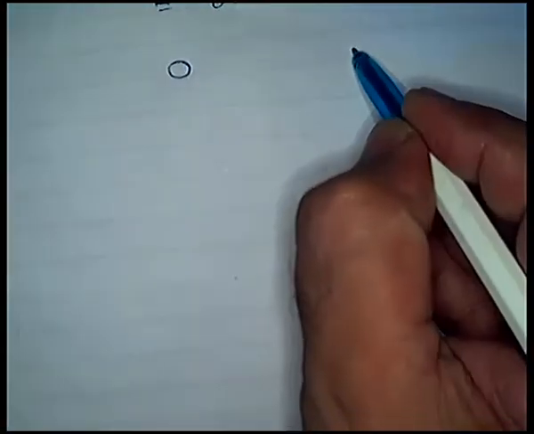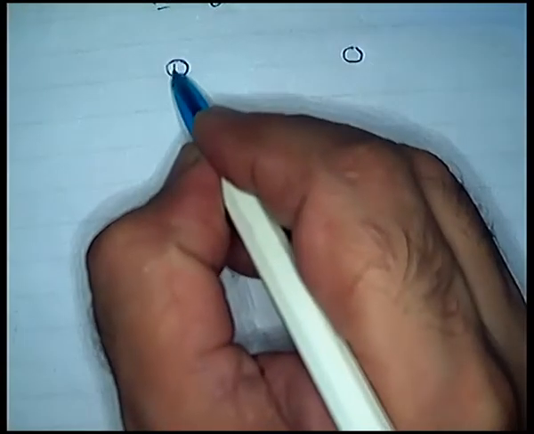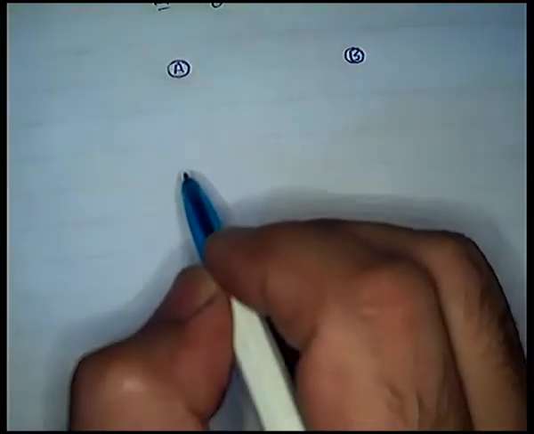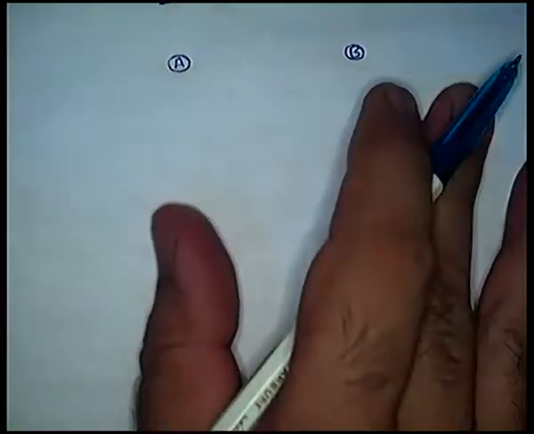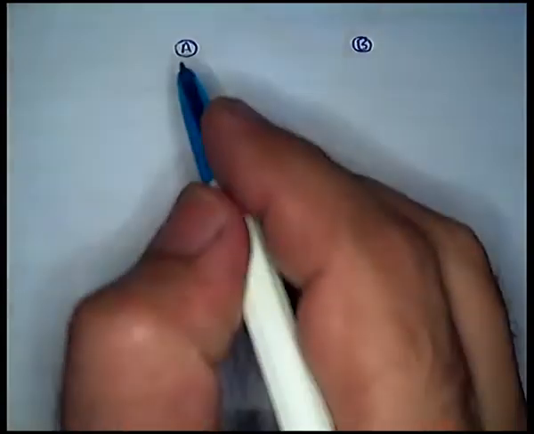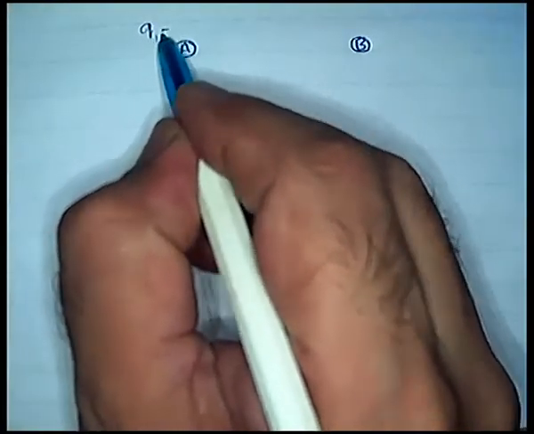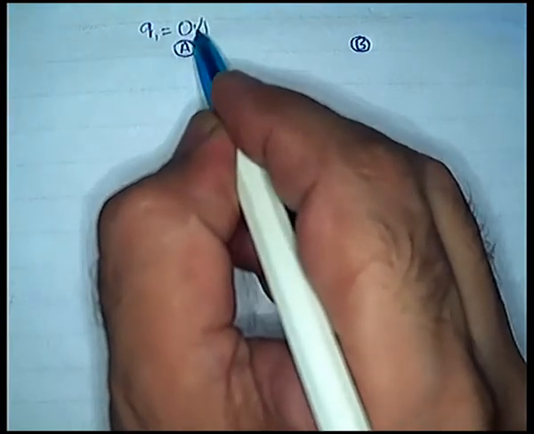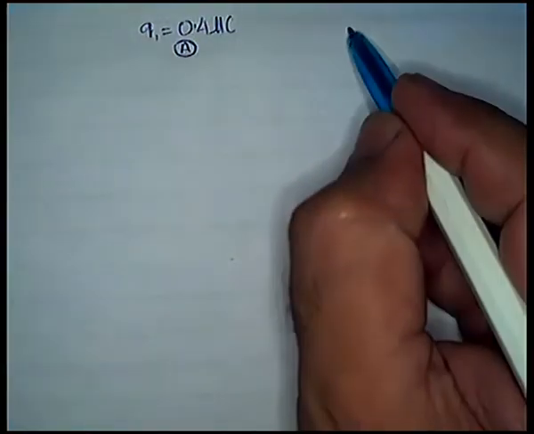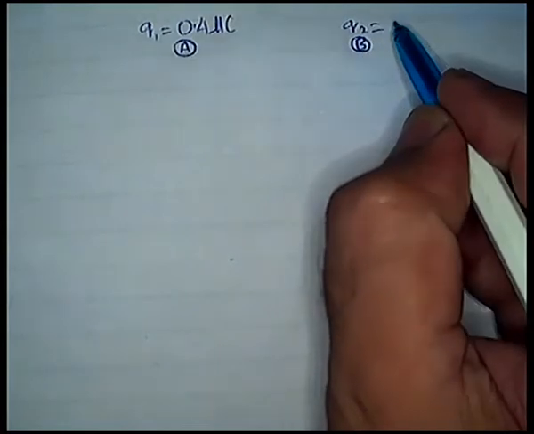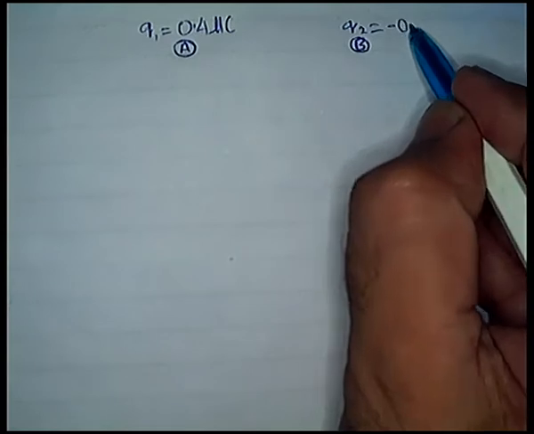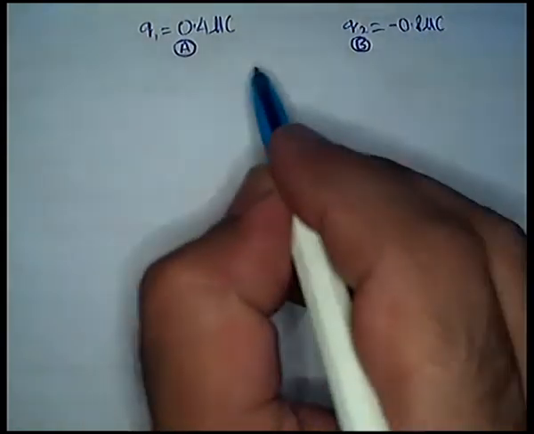There are two spheres, name them A and B. The charge on A is given, Q1 equals 0.4 microcoulomb, and the charge on B, Q2, equals minus 0.8 microcoulomb.